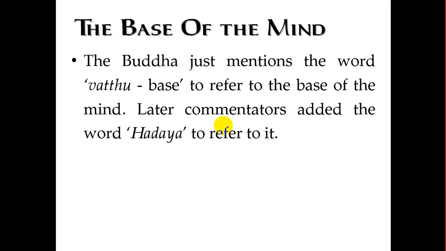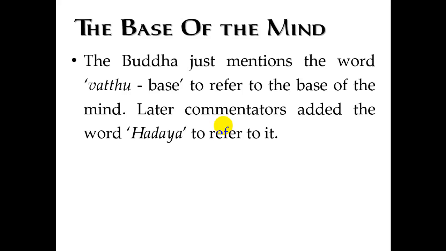But we need to know that the Buddha just mentioned the word Vatthu, not Hadaya. The word Hadaya is added by commentators, not even the Pali Canon, not even the Abhidhamma text. It's not mentioned. Abhidhamma text just uses two words, Vatthu, and also Rupa, a kind of material form.